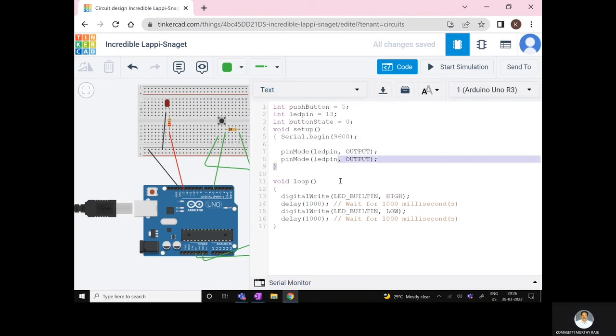Pin mode push button, that means input. 5th pin input. Completed.